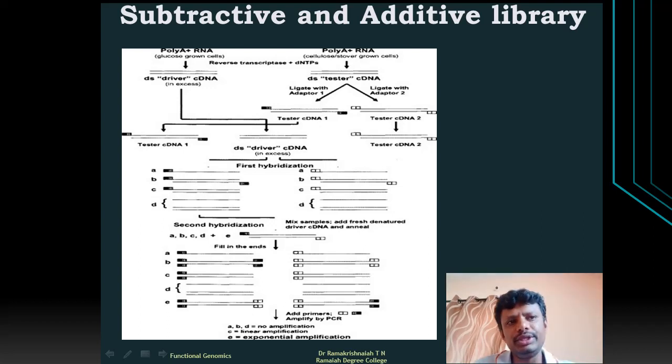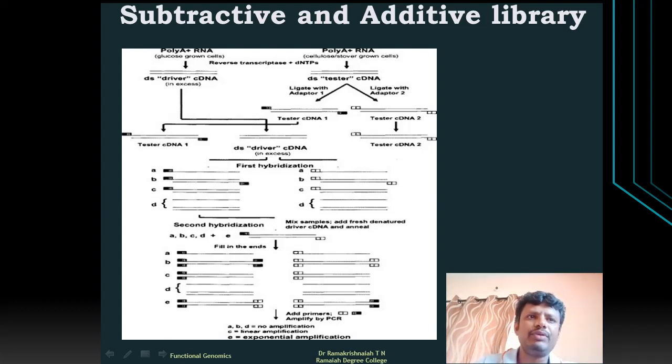This can usually be done in the case of DNA as well as RNA. Is it clear? One more thing we have to note is that in subtractive hybridization, the hybridization step is usually driven by excessive driver sequences. The tester sequences that have complementary sequences in the driver population rapidly form driver-tester hybrids, whereas the sequences unique to the tester population remain single stranded, or form tester pairs more slowly.